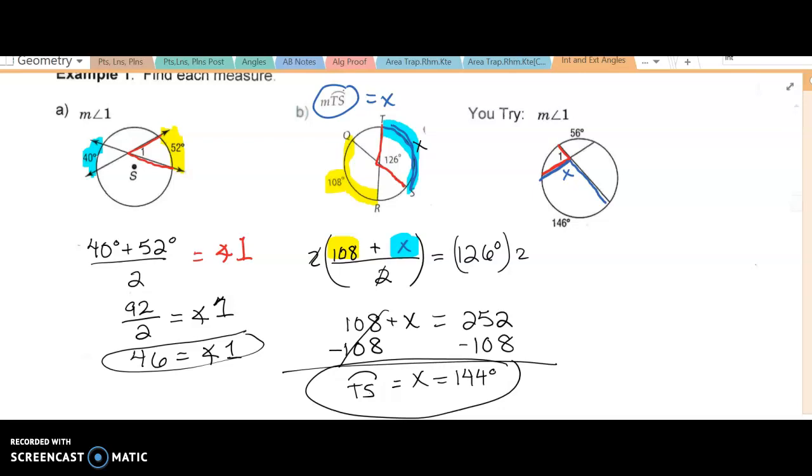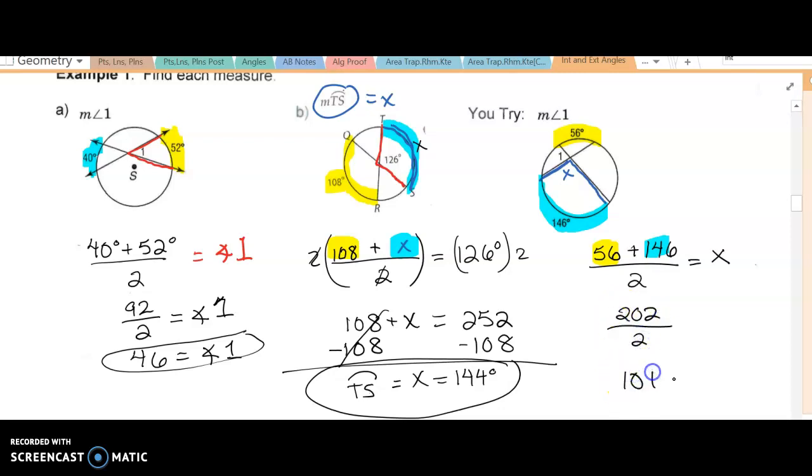Okay, ready? You try. Okay, so we knew that the yellow and the blue arc added together, so 56 plus the 146 added together divided by 2 would equal the interior angle X. And so let's do that part. 56 plus 146 is 202. 202 divided by 2 is going to be 101.